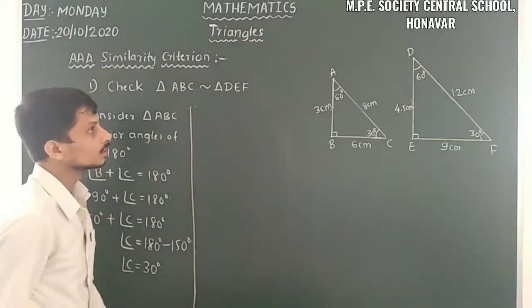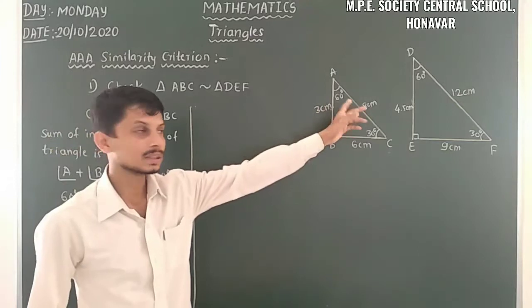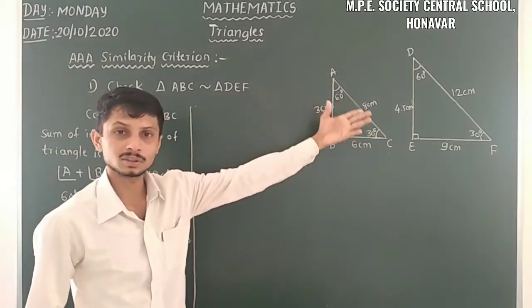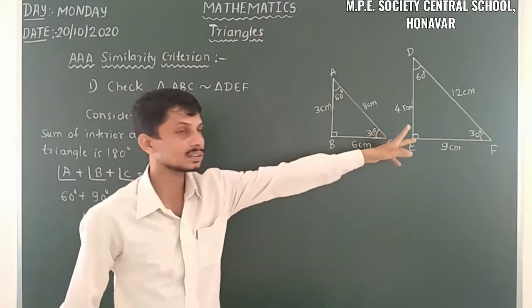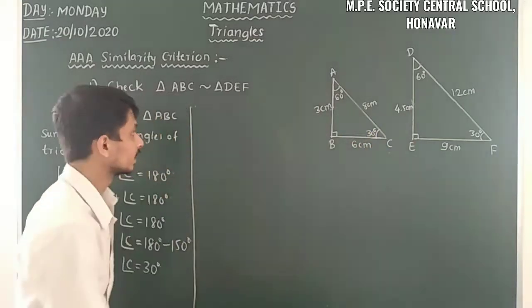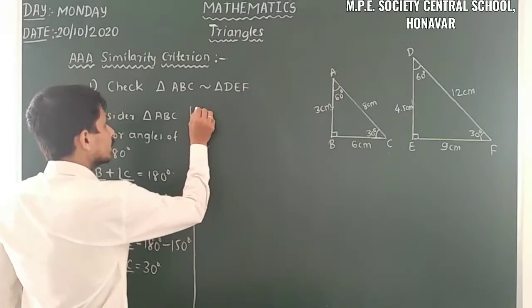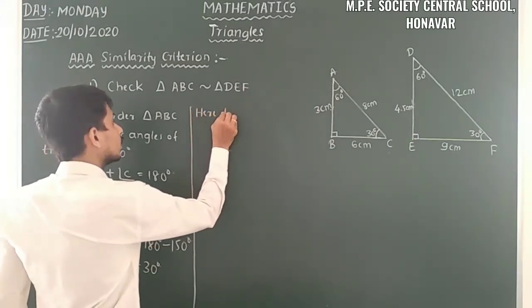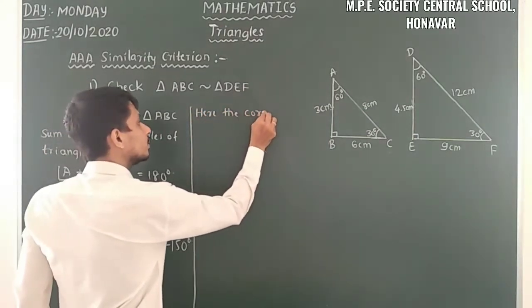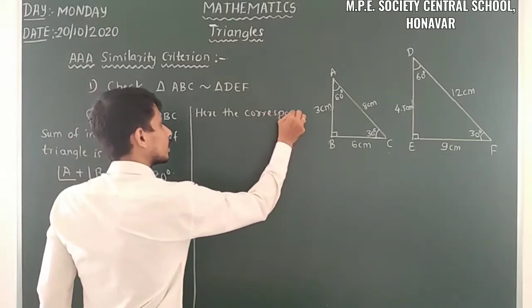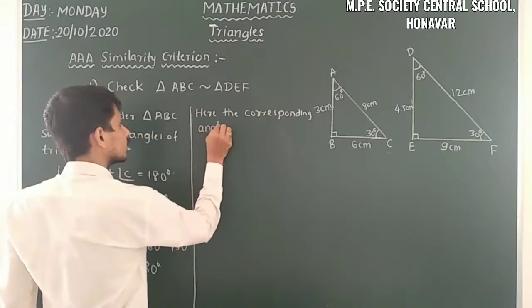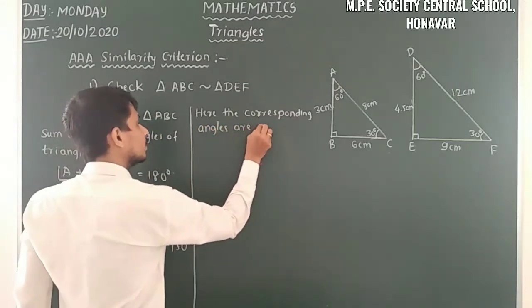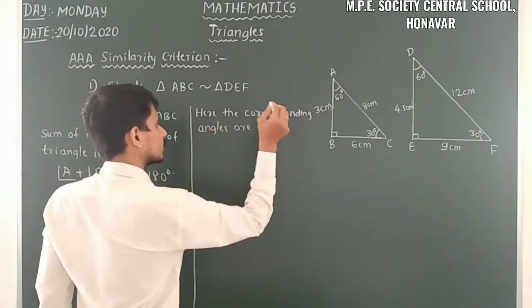Just observe, the corresponding angles are the same. Angle A is equal to angle D is equal to 60 degrees, angle B is equal to angle E is equal to 90 degrees, and angle C is equal to angle F is equal to 30 degrees.